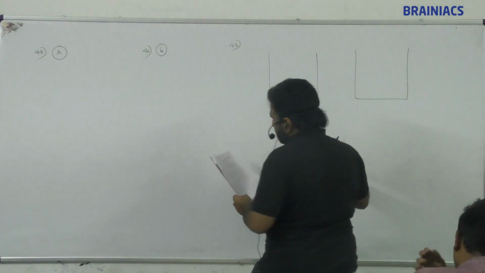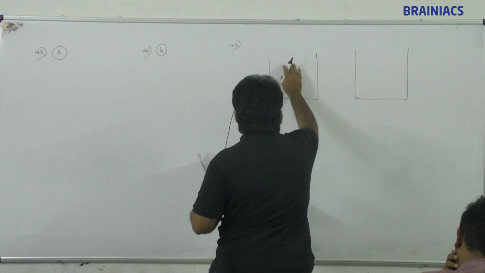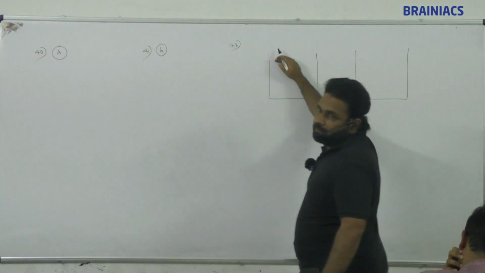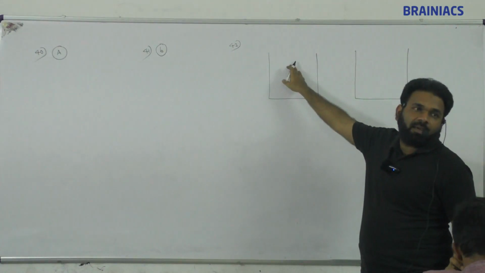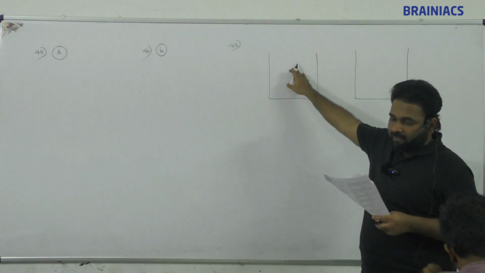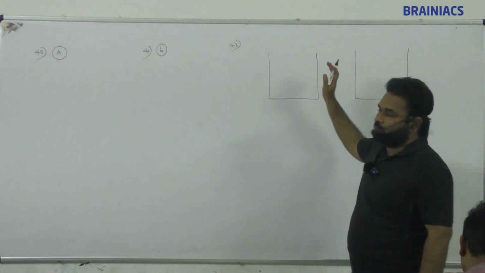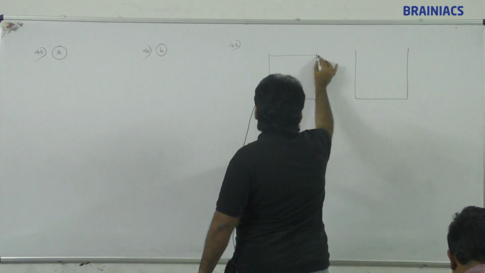This is just like previously, say for example, taken this way. One vessel has the height H1, more height. The other one has H2, lesser height.